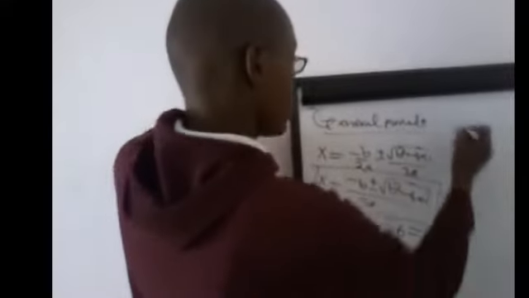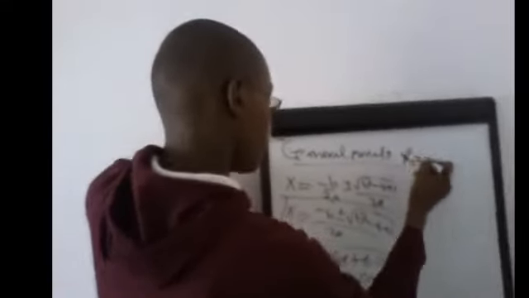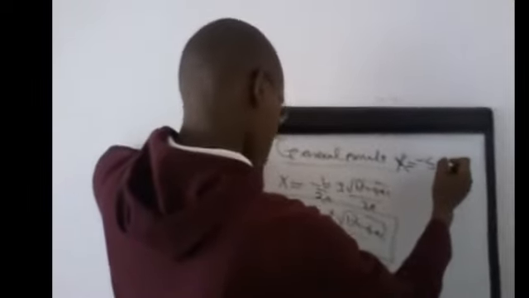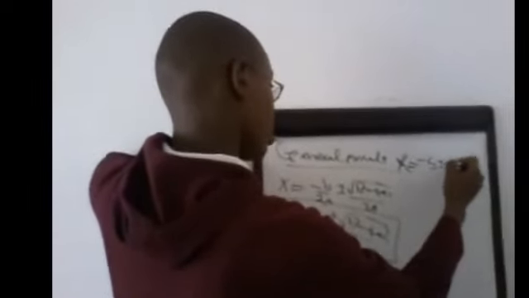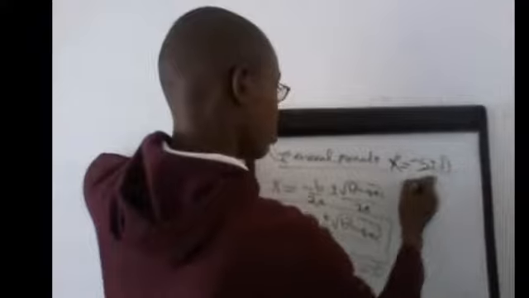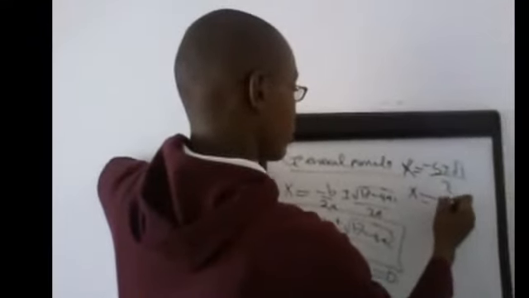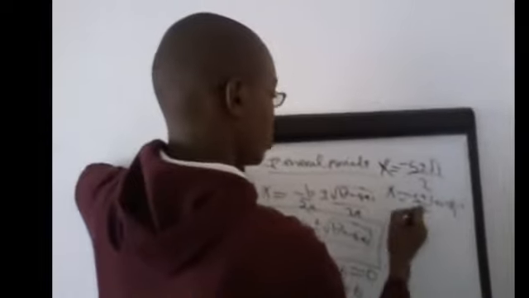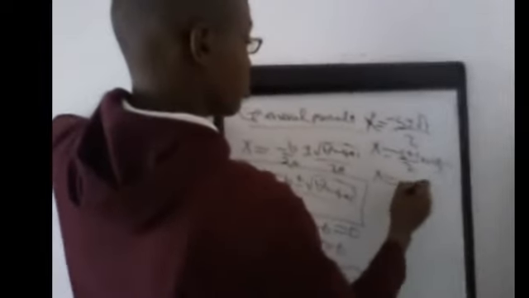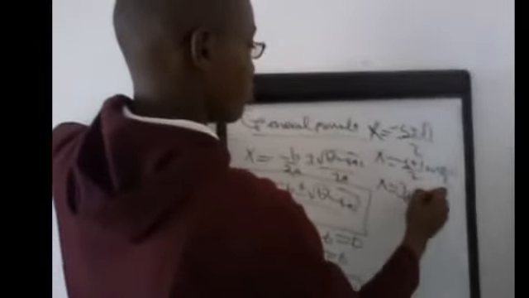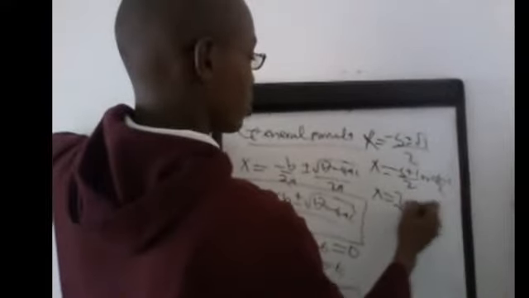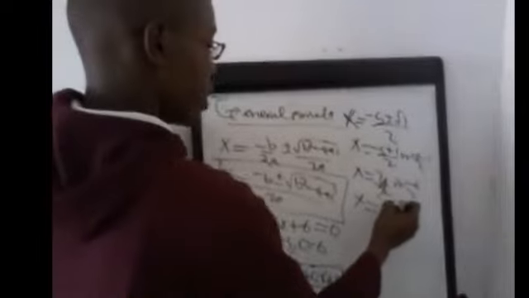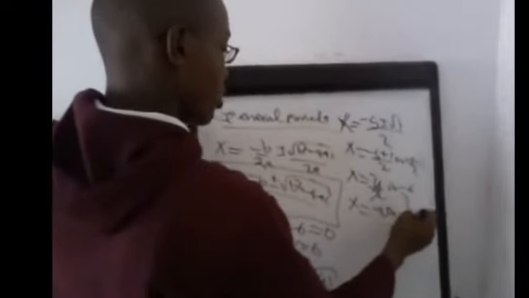We'll get x equals minus 5 plus or minus the square root of 1, over 2. We'll get x equals negative 5 plus 1 over 2, or negative 5 minus 1 over 2. X equals minus 4 over 2 or minus 6 over 2. If we simplify, we get x equals negative 2 or negative 3.